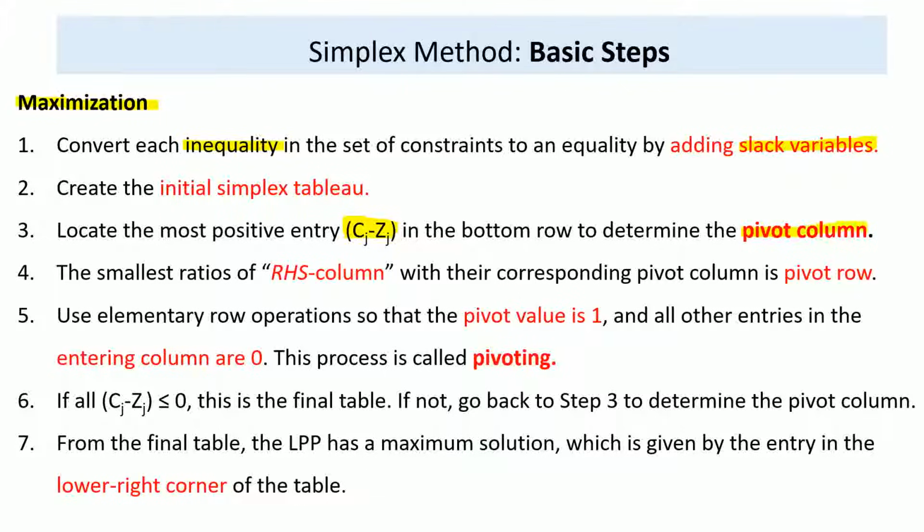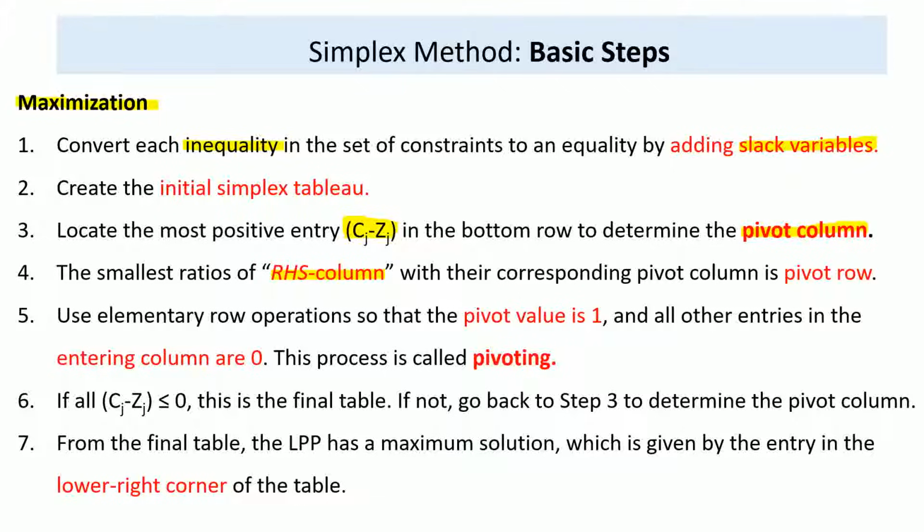So the third step is to determine the pivot column by finding the most positive entry of Cj minus Zj. Anyway, we will see it with an example. And the fourth step is to take the smallest ratio of the right-hand side column to the corresponding pivot column that we found in step 3 to determine the pivot row.